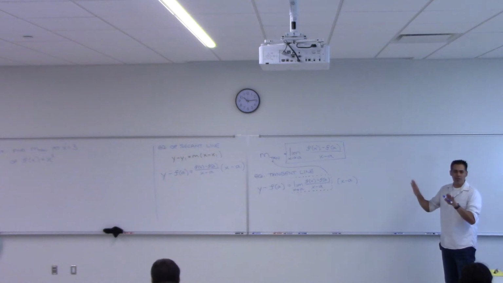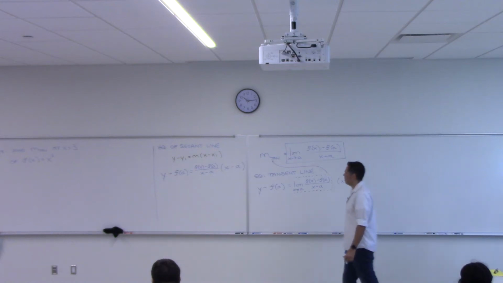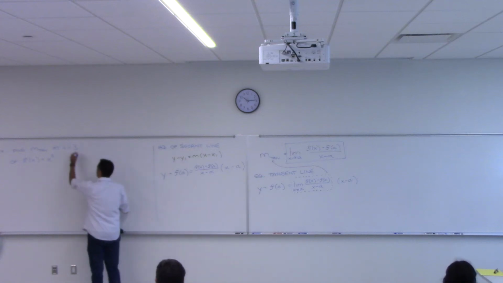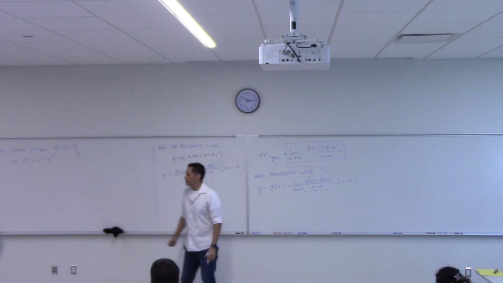All I want here is the slope of the tangent line, and I want it at x equals 3. So when I say x equals 3, this is our anchor point. That's that A that we're anchoring everything to, right?